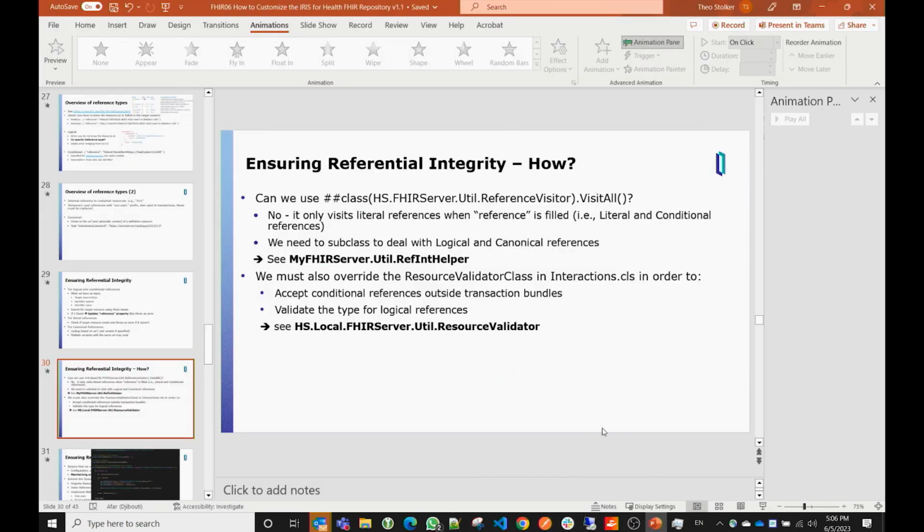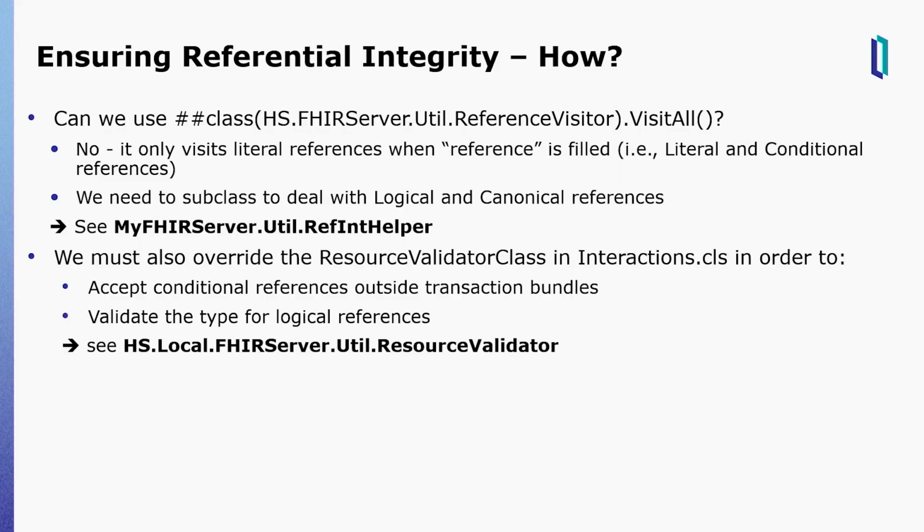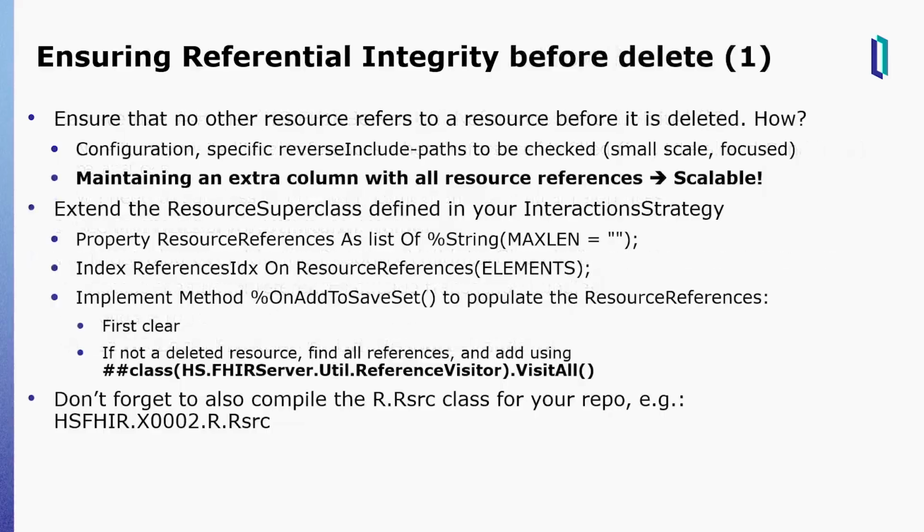Coming back to the last challenge: how to handle the delete. I tried different kinds of solutions here. In one project, I actually built a bit of configuration where I configured a few reverse include paths for each resource type, so we could check a limited set of resources.